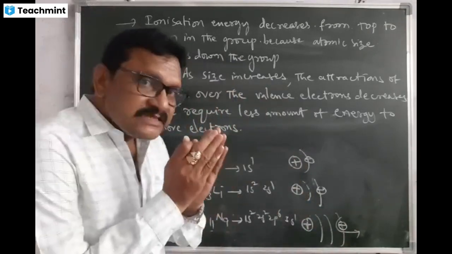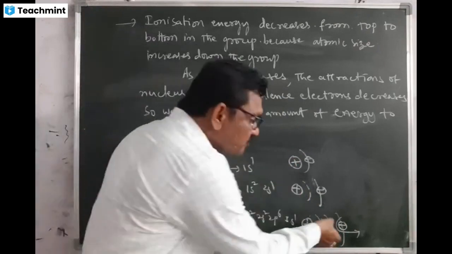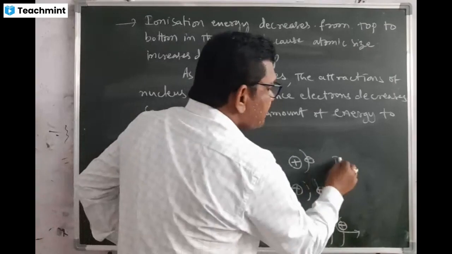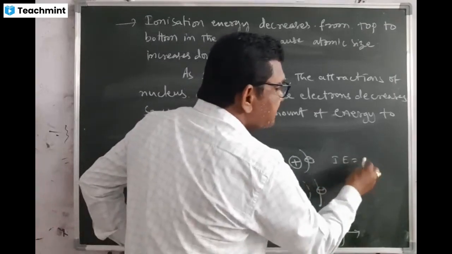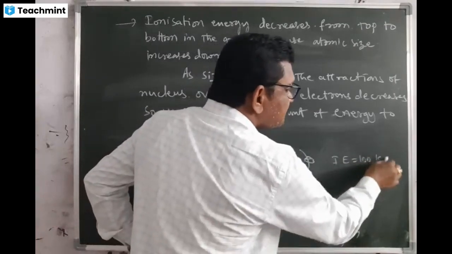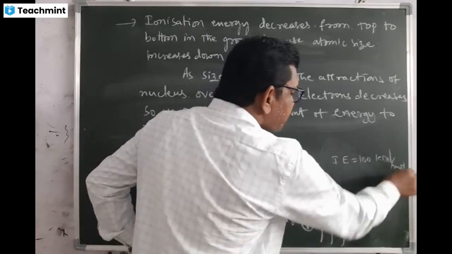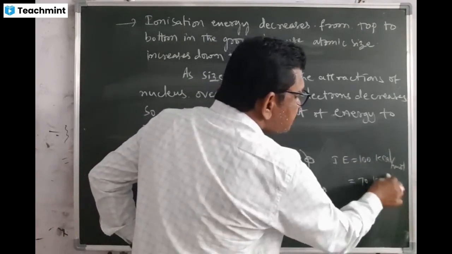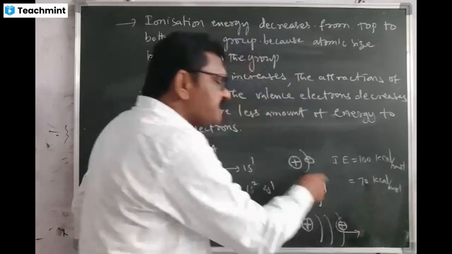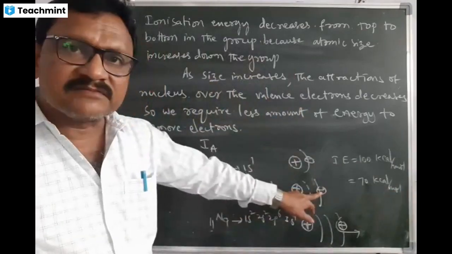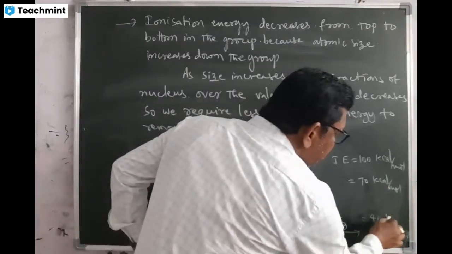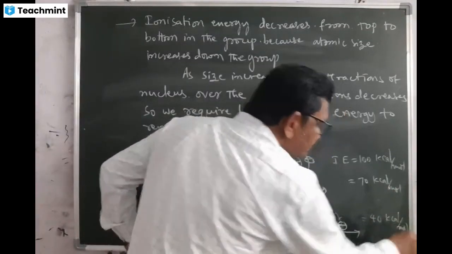That means less energy is enough to remove this electron. For example, here we need ionization energy of 100 kilocalories per mole, here only 70 kilocalories per mole is enough to remove the outer electron, and here only 30 kilocalories per mole is enough.